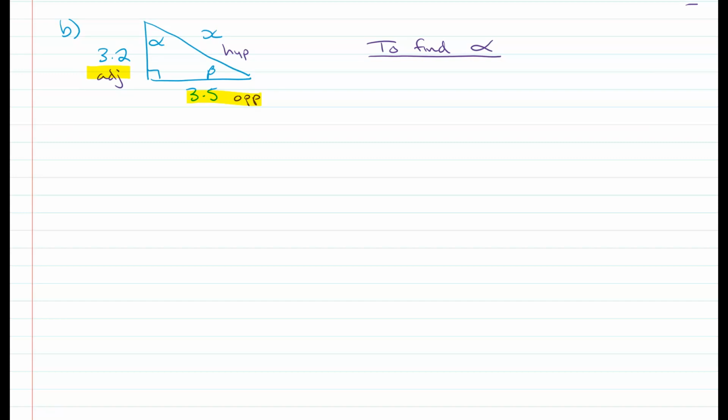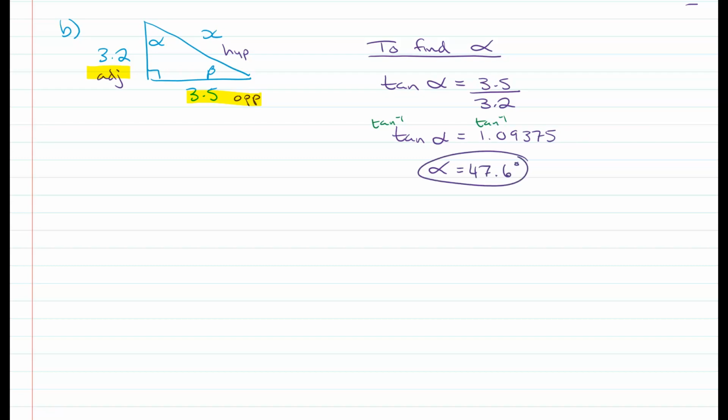I have the opposite and I have the adjacent. So I'm going to use tangent. Okay, I find what that ratio is, and then I use the inverse function, that -1, to find alpha all by itself. And I find that it is 47.6 degrees.